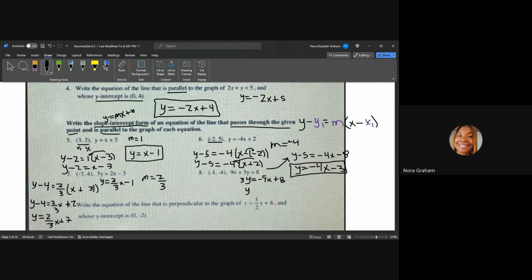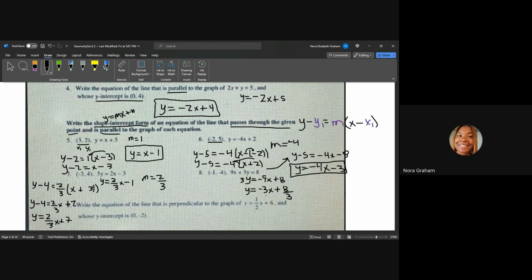Then I would get y equals, if I divide this by 3, negative 9 divided by 3, I get 3x. And then plus 3 does not go into 8 evenly, so we'll just keep it as a fraction. Okay.